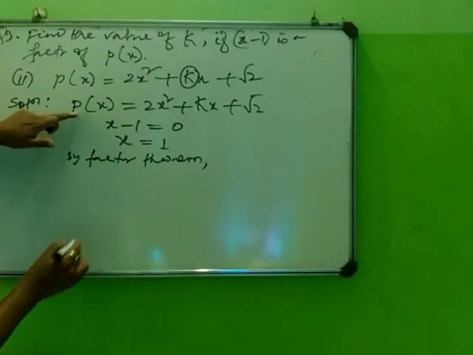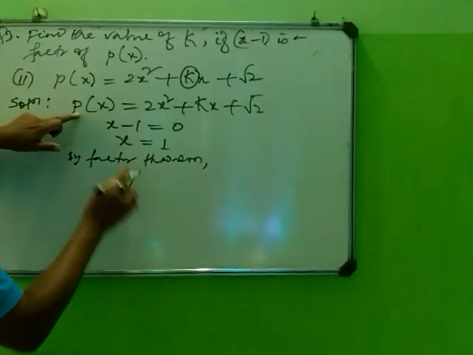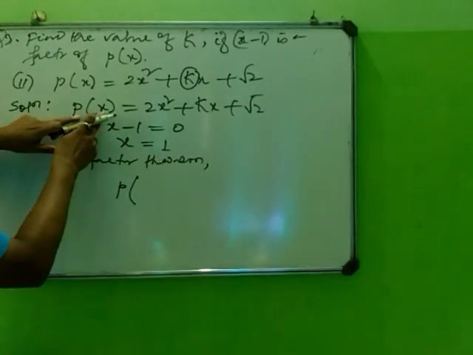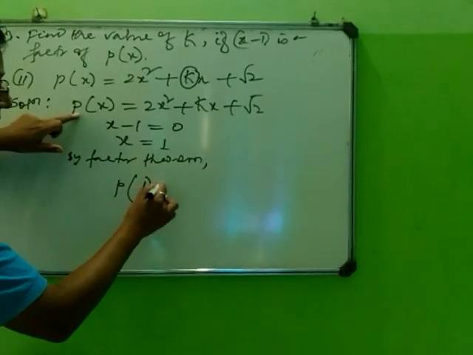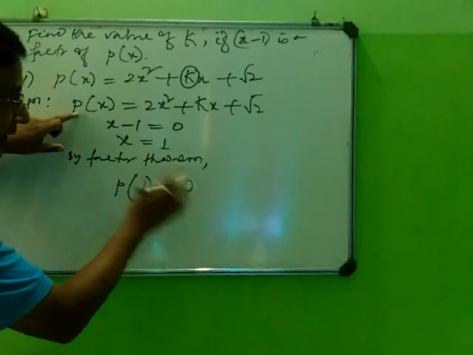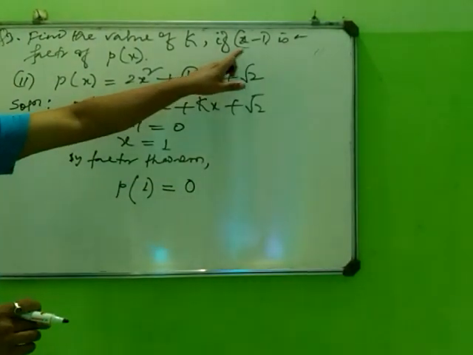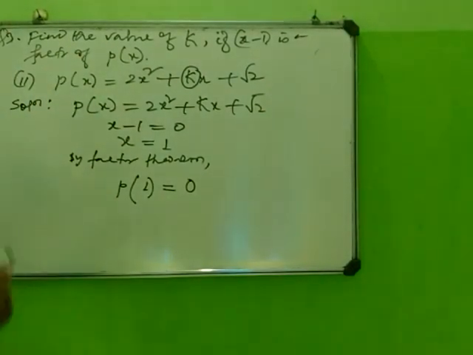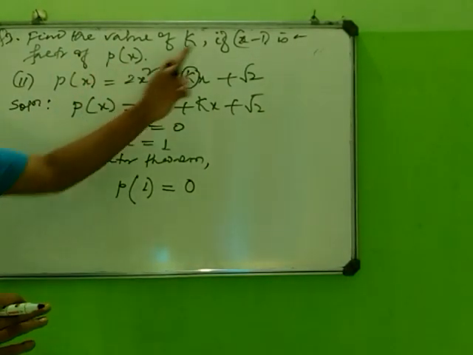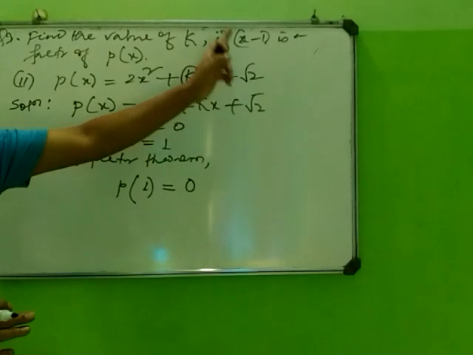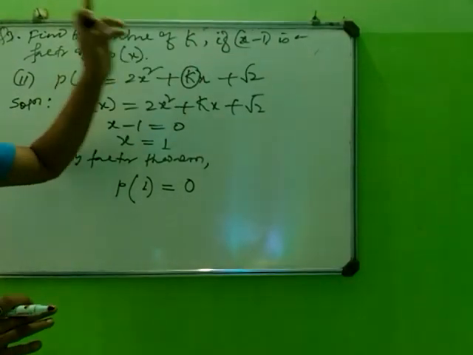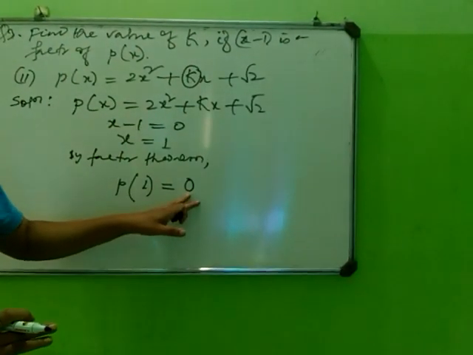here x is 1. So in place of x you put 1, equals 0. Why is it 0? Because x minus 1 is a factor of p of x. They have given that p of x is exactly divisible by x minus 1, which means the remainder you will get is 0.